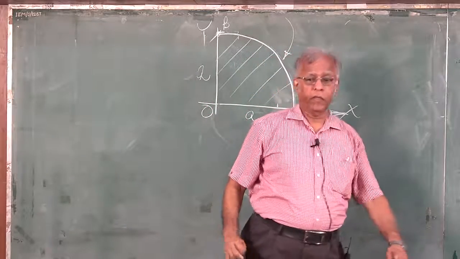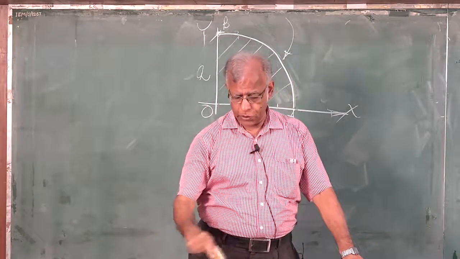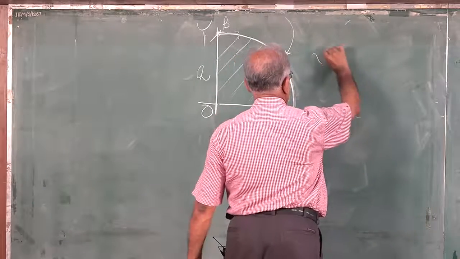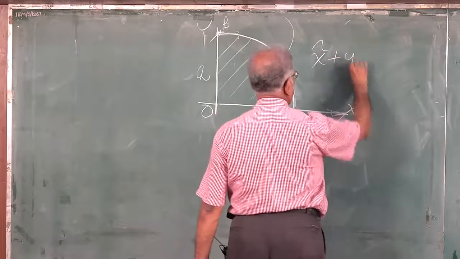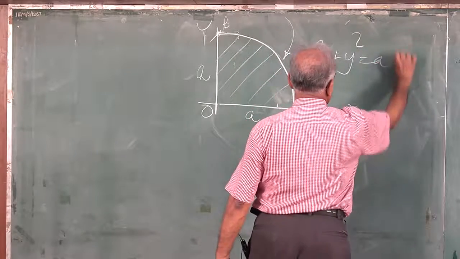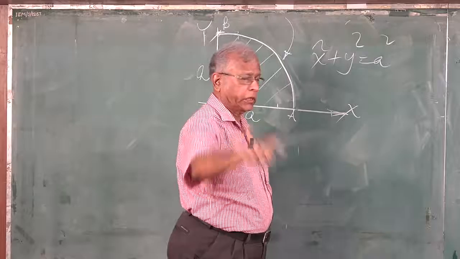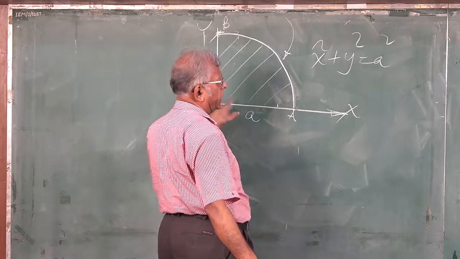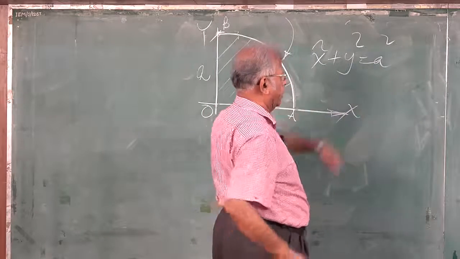Now, we've learned in high school when we did circles that the equation of a circle is given by x squared plus y squared is equal to a squared, if its center is at the origin and if its radius is a units.